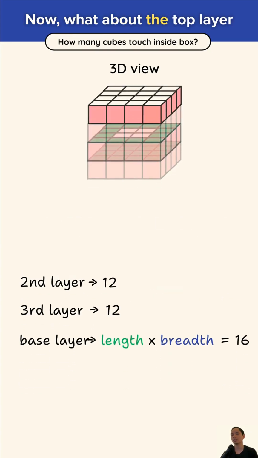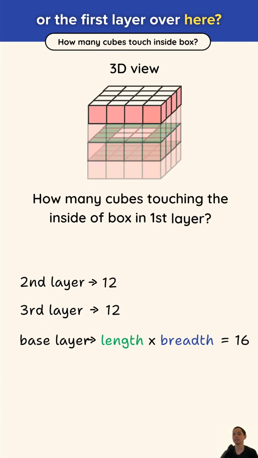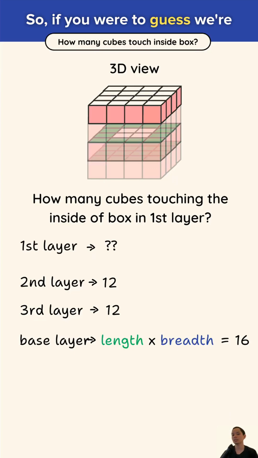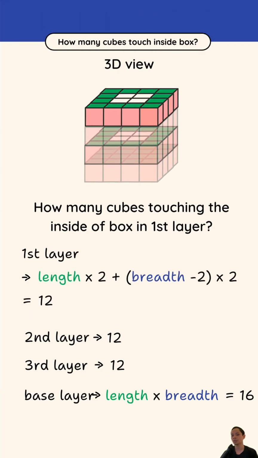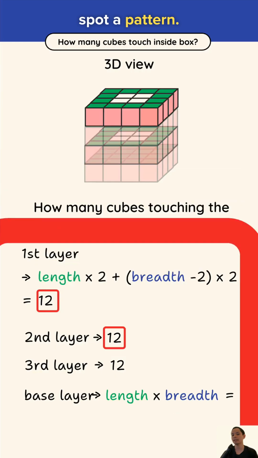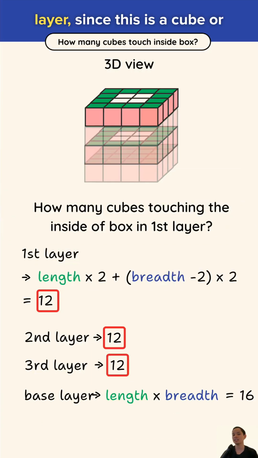Now, what about the top layer or the first layer over here? How many cubes are touching the inside of the box? So if you were to guess we are using the same equation, then this will give us 12. Now the thing is, can you spot a pattern? So the first, second, and third layer, since this is a cube or cuboid, the number of cubes touching the layers, except for the base layer, are the same.